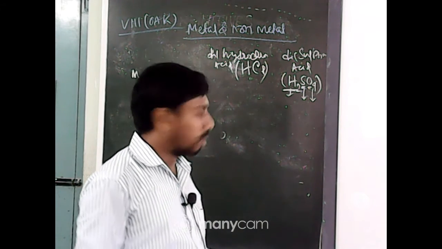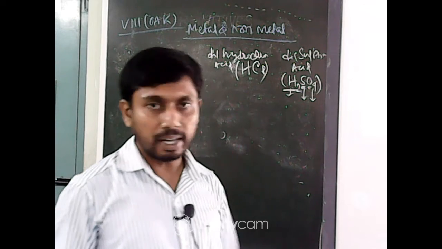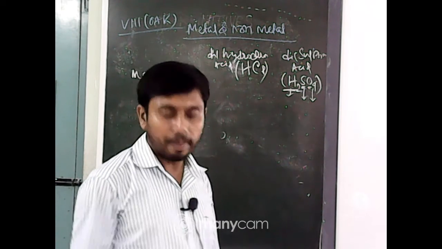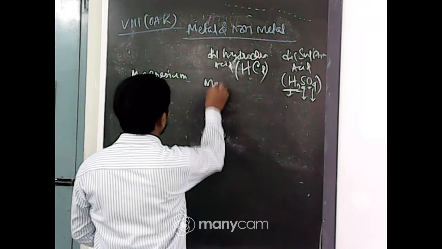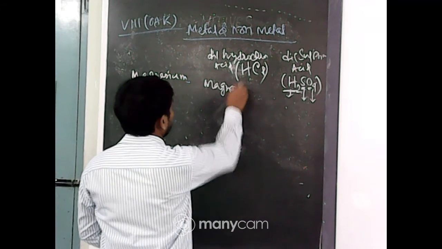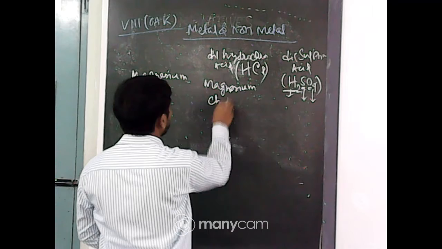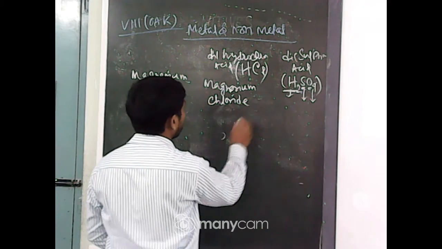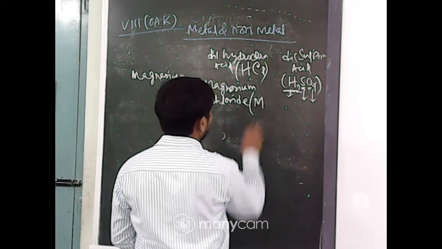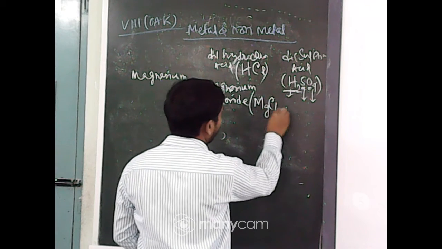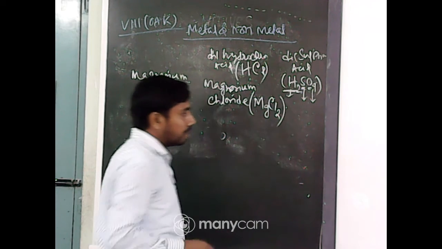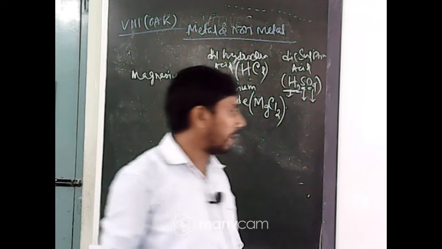Okay, so moving to the answers. Magnesium first, that is magnesium chloride. Write it down with formula: M capital, G small, C capital, L small, and in subscript it is 2. Not MgCl, Sudarshan, it is MgCl2.